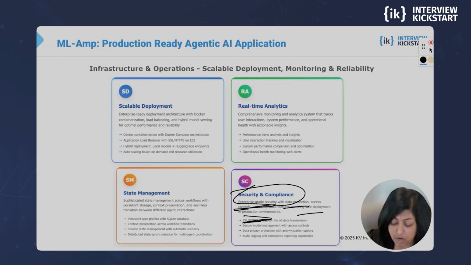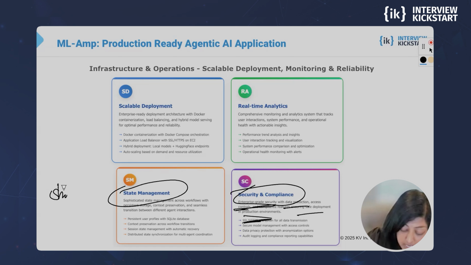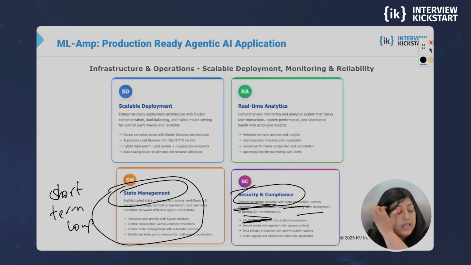I spoke about model state management, from the point of view of the application: how it maintains both the short-term and the long-term memory. So this covers the memory pieces of the application.